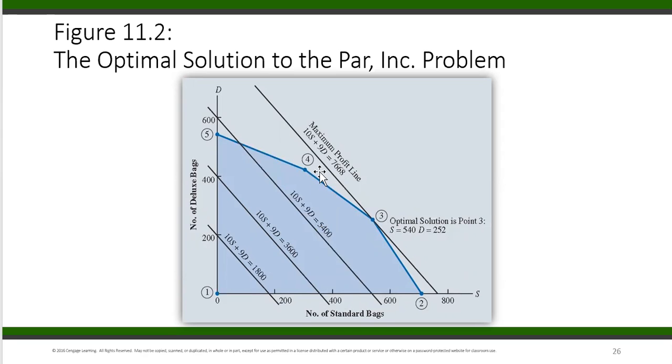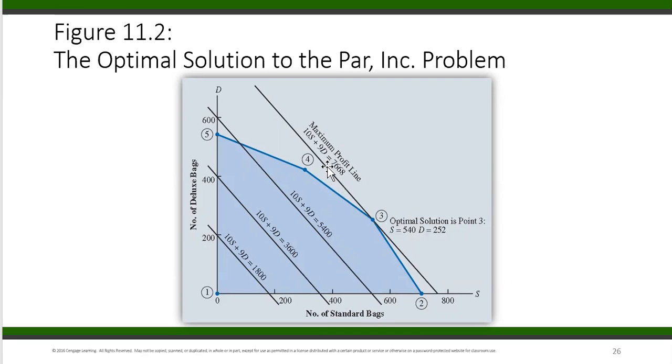And at some point, the line that you draw is going to cross the feasible region only in one extreme point, in one corner. And then after that, you won't be able to increase the value of your objective function, basically.